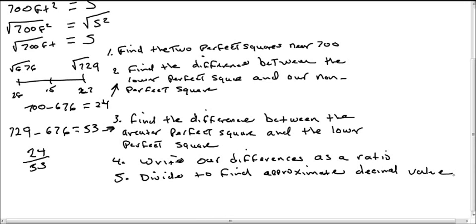When we do so, we're going to take 24 and divide that by 53. 24 divided by 53 will give us, and we want to just deal with the hundredths, 0.452.